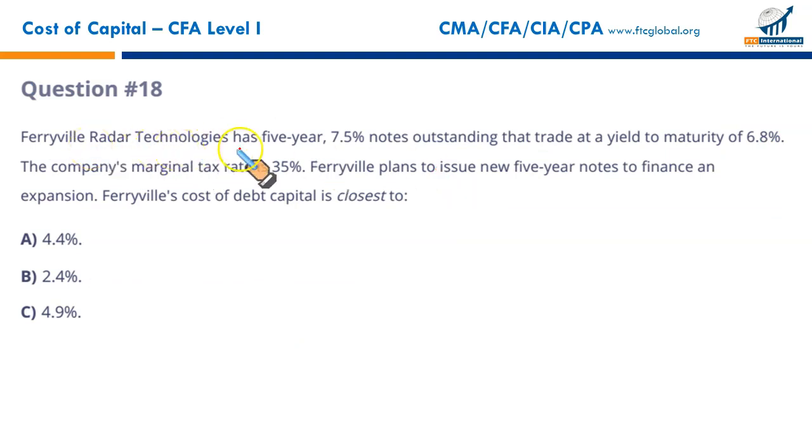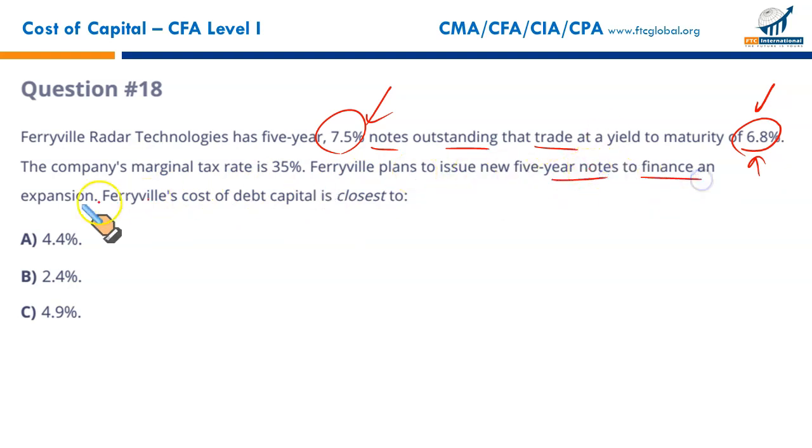Farwell Radar Technologies has 5-year, 7.5% notes outstanding that trade at a yield to maturity of 6.8%. When you have been given the coupon and yield for weighted average computations, you should consider the yield rate. The company's marginal tax rate is 35%. Farwell plans to issue new 5-year notes to finance an expansion.